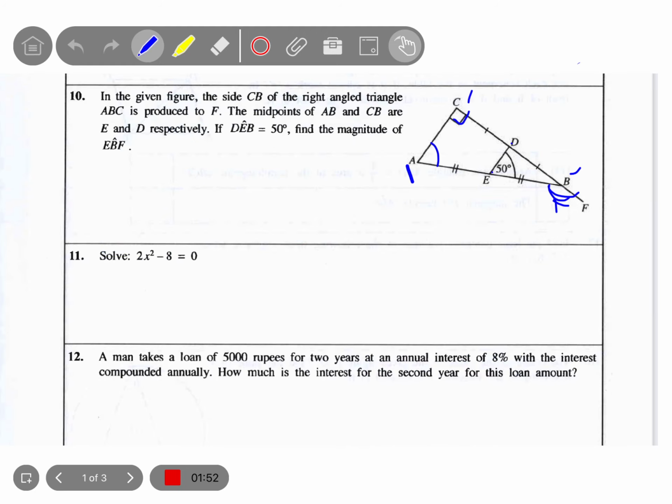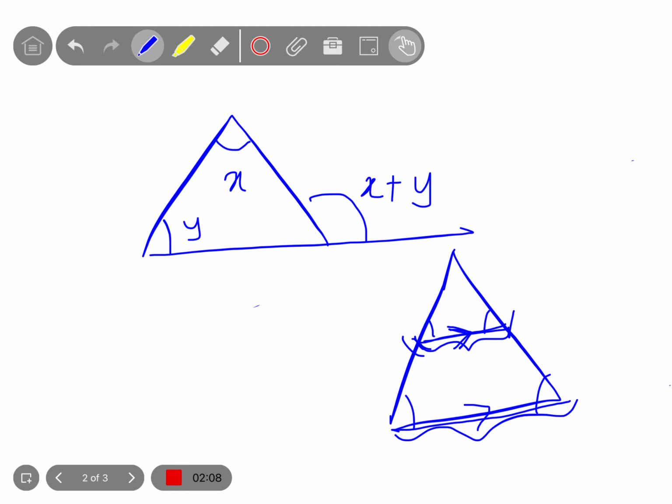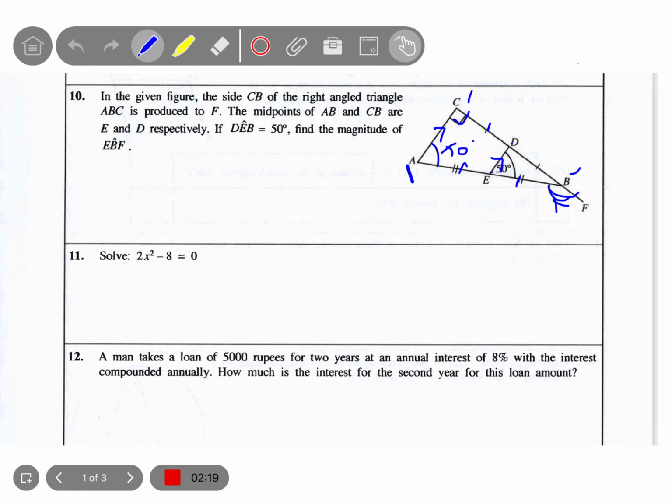So in this case, this angle CAB should be 50, because these two are parallel lines. These two become parallel lines as the midpoint theorem states. If you draw these two mid lines here and join them, that will be parallel to the other leg of the triangle. Because that is parallel, this value becomes 50. You should say that according to the midpoint theorem, AC is parallel to ED.